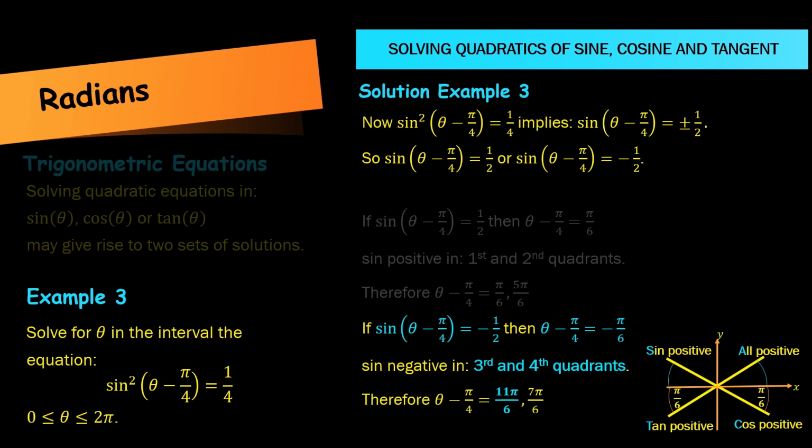Therefore, theta minus pi by 4 equals either 11 pi by 6 here. Here, of course, we've subtracted pi by 6 from 2 pi, or 7 pi by 6, which is pi plus pi by 6.